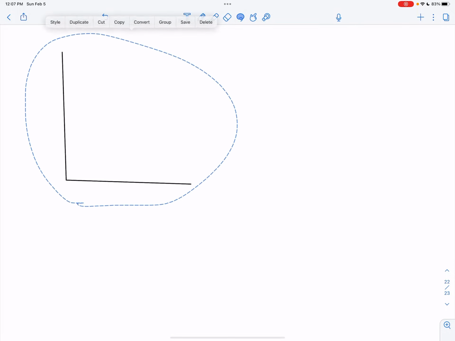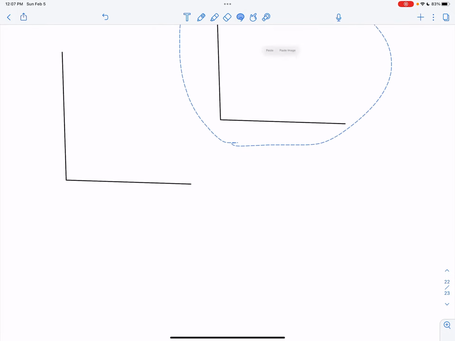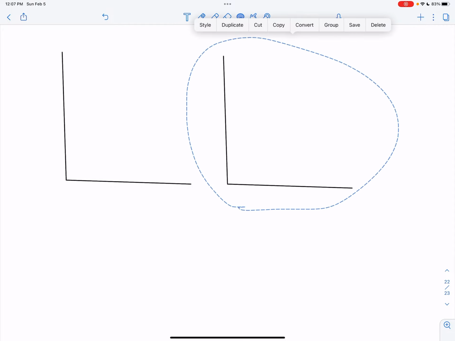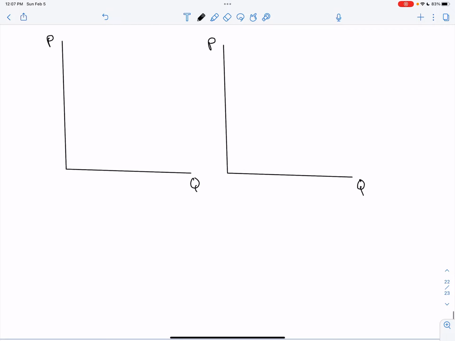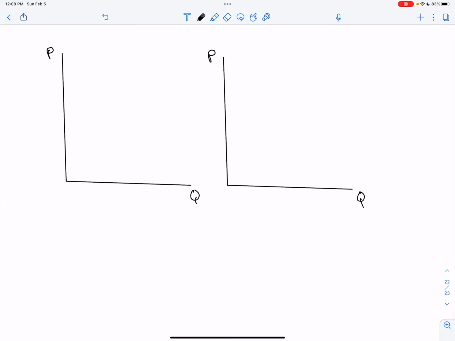Okay. Try this again. And I want this to be to scale, so let's just copy paste that. Price, quantity.